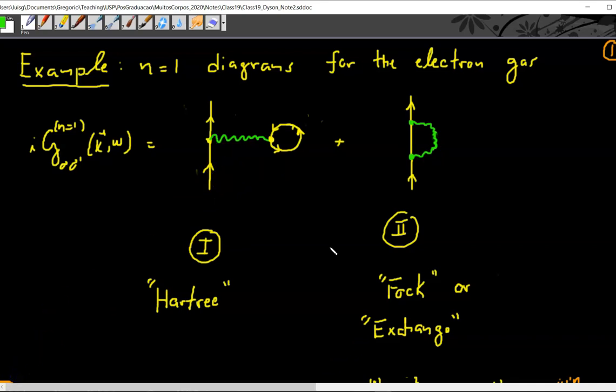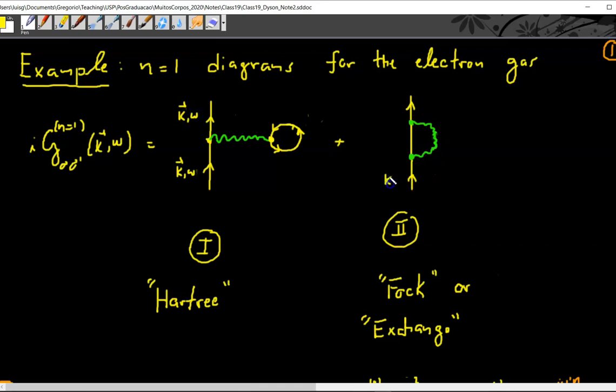All right, so let's assign the momentum here. So let's take the Hartree diagram first. So we start with momentum k and frequency omega here, right, in the first leg. And we assign that in the last leg as well.